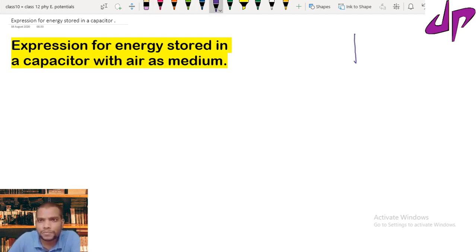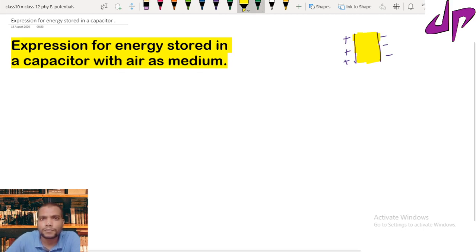A capacitor is a setup of two oppositely charged plates, one having positive charge and the other negative charge, separated by a certain distance. Here d is the distance between them.